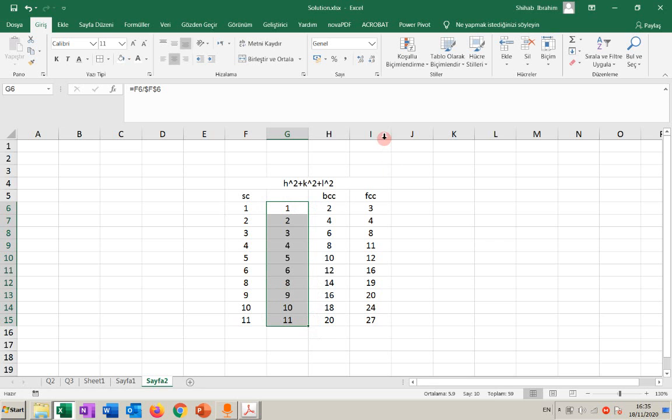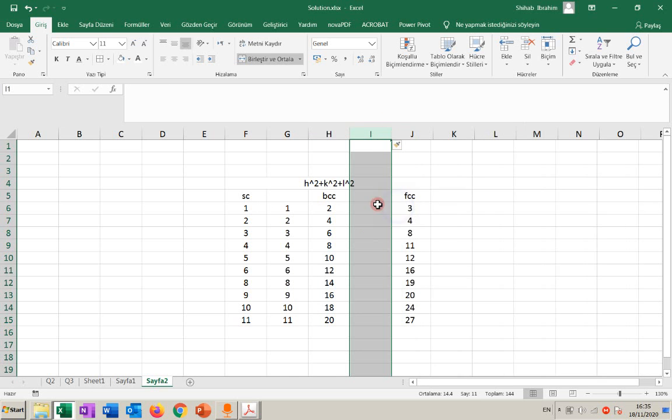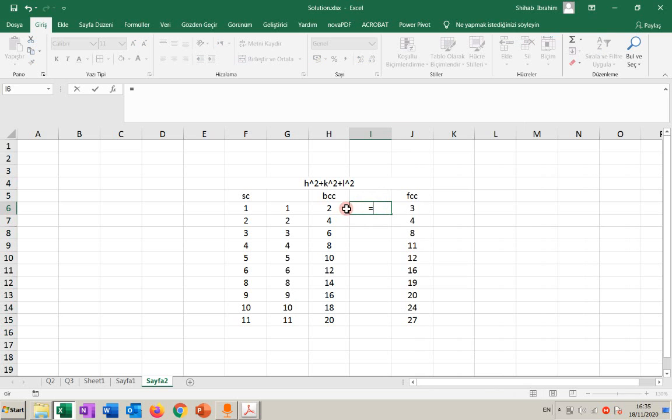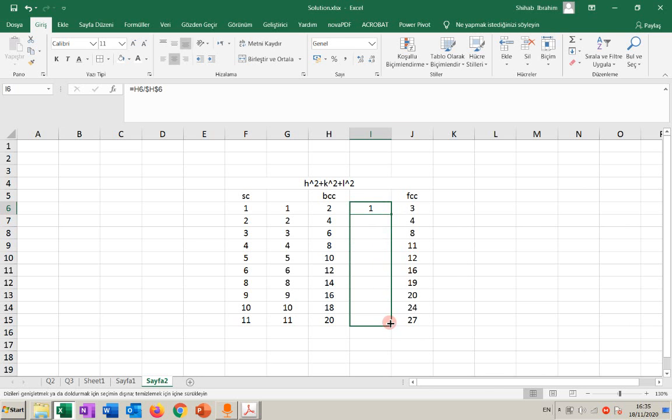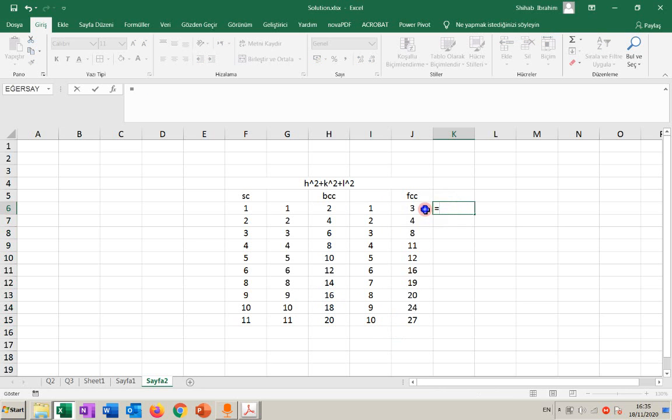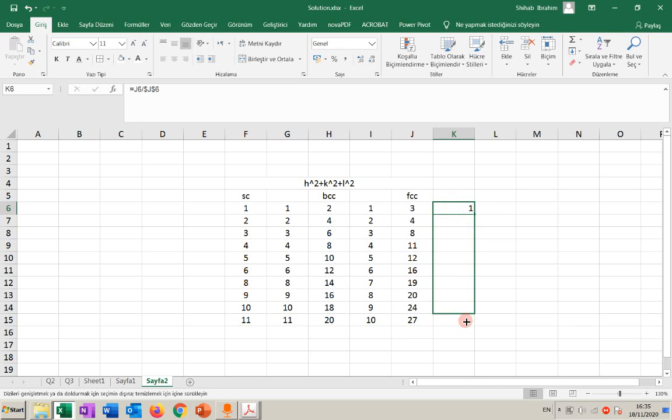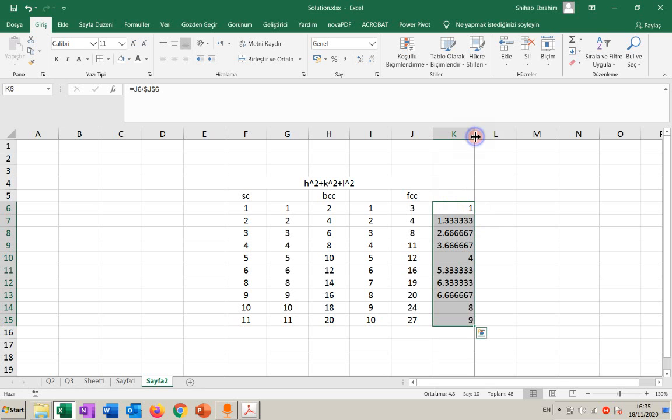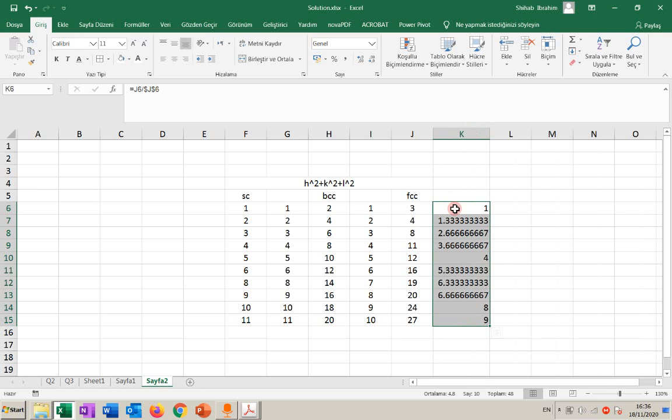For BCC, if I divide everything by the first one, this divided by itself, and everyone divided by the first one, you will have a pattern like this. Now you're going to see what's the difference between them. And for FCC, if we divide everything by the first one, you'll get another pattern. So we'll look for this pattern.